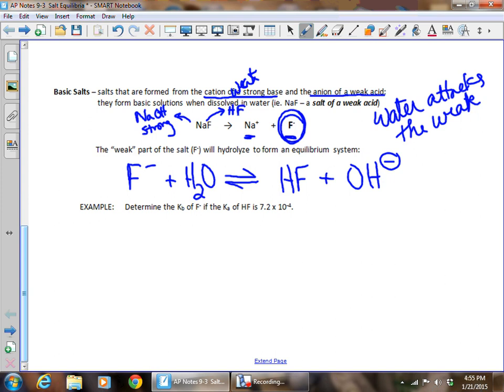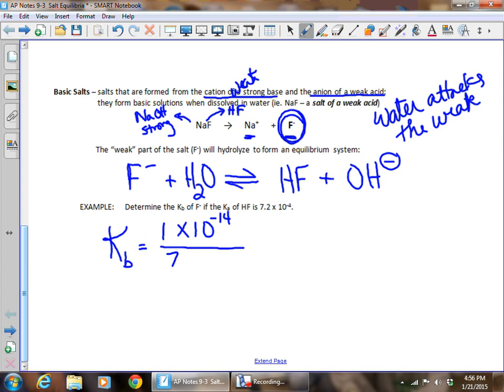at this next one. Find the Kb for F minus if the Ka is 7.2 times 10 to the minus 4th. We've already established that all we have to do to find the new K for a salt ion is to take 1 times 10 to the minus 14th and divide it by its conjugate acid or base pair's equilibrium constant.